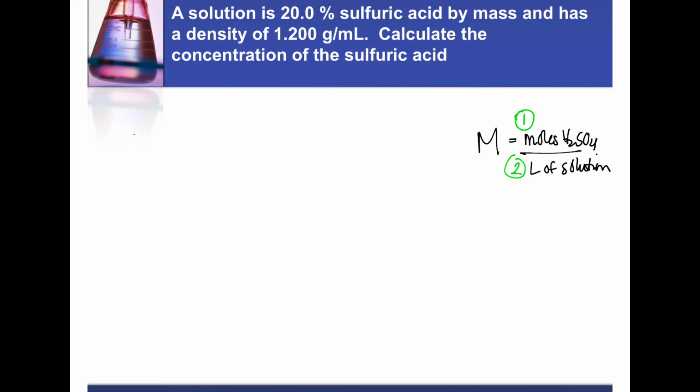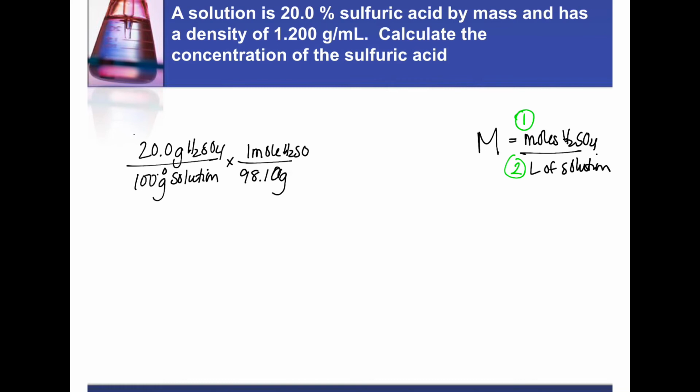So to do it all in one step, you start with our mass percent, and you just do the calculations together. So this is the molar mass. When I do that calculation, grams cancels out with grams, and I get moles on top, which is what I'm trying to get. So I know I'm on the right track there.